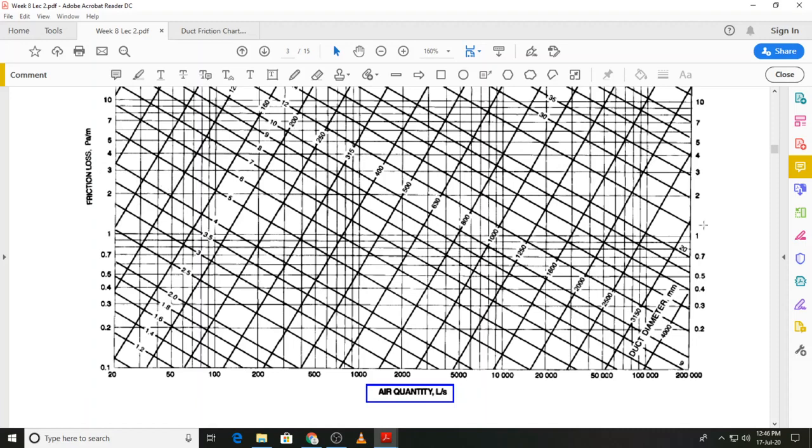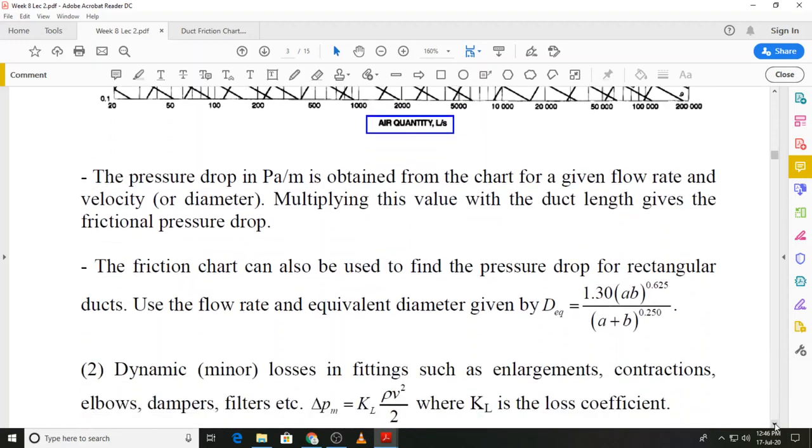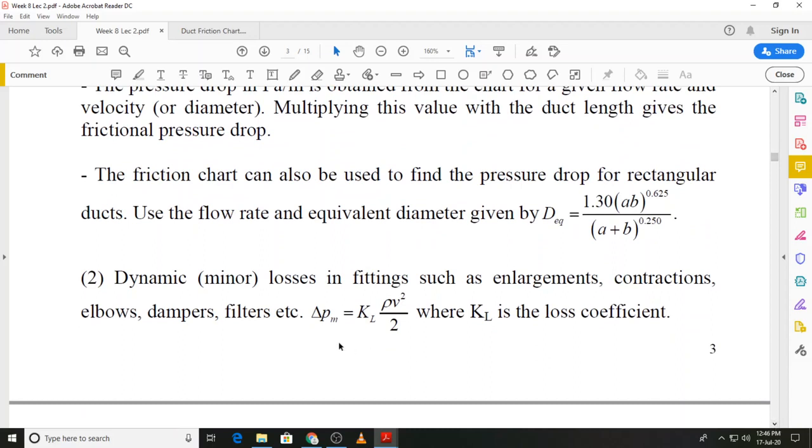The next thing, of course, is to look at the dynamic losses, and the dynamic losses are calculated by this formula, that is delta P is equal to KL into rho V square by 2.